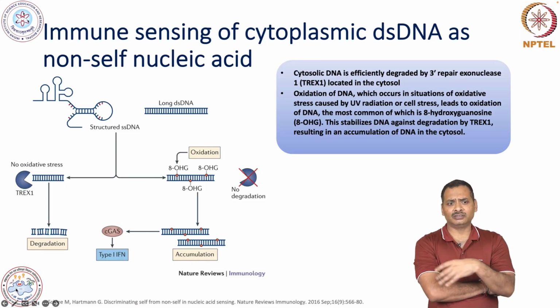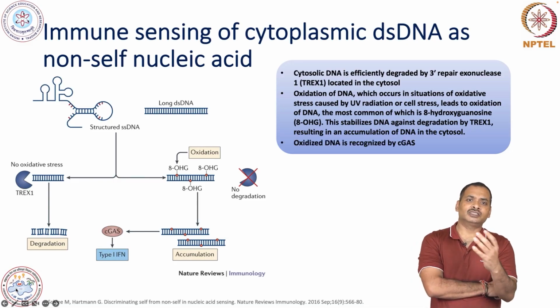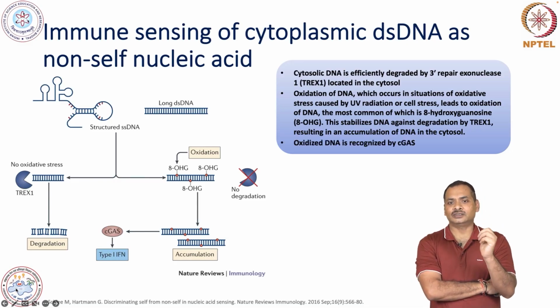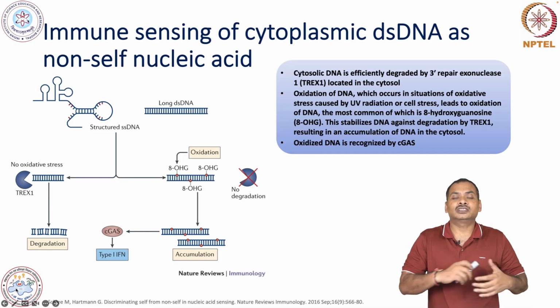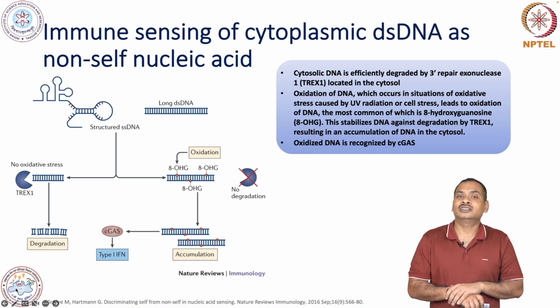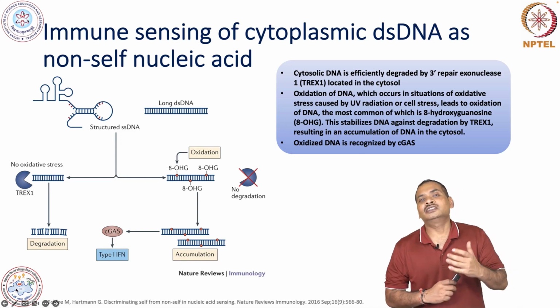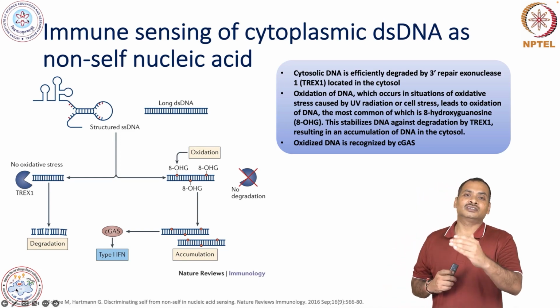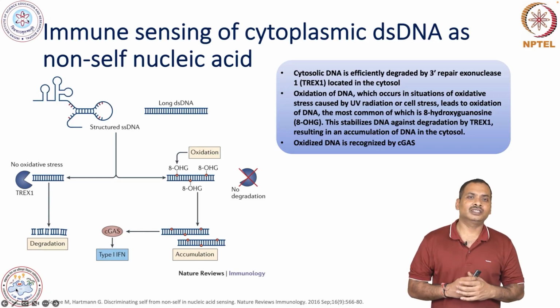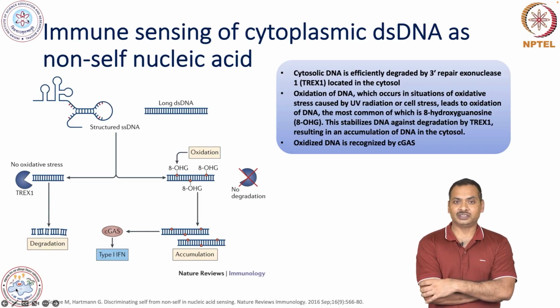Eventually, as you have studied, this oxidized DNA is recognized by cGAS, which makes an intermediate, and this intermediate stimulates STING, and then STING activates downstream signaling in order to produce type 1 interferon and inflammatory cytokines.